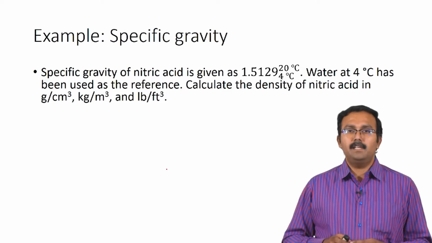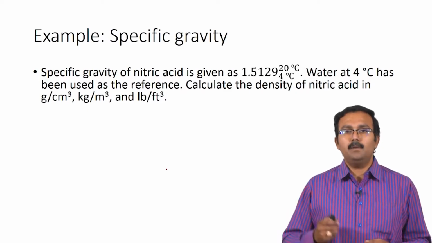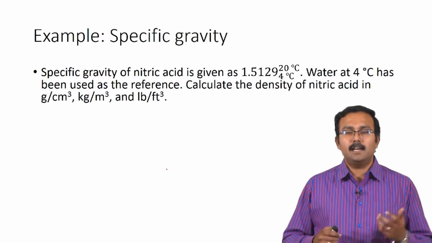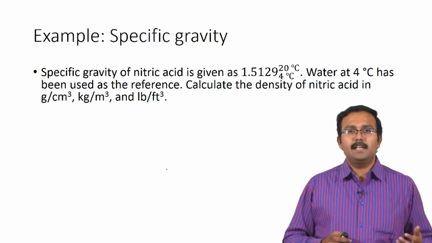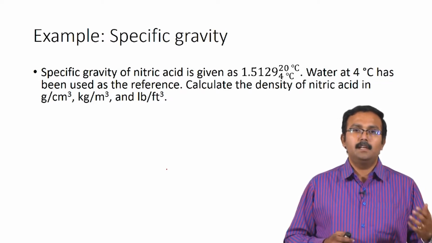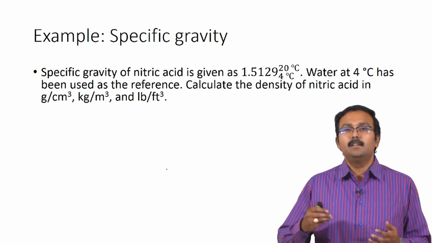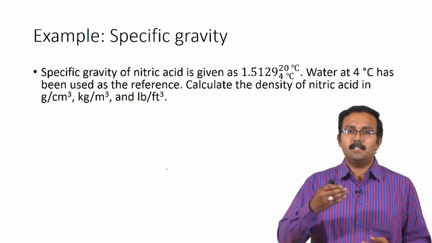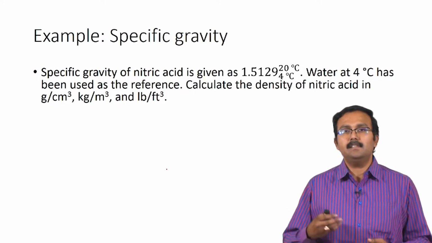So the specific gravity which is given has been written as 1.5129 at 20 degrees Celsius over 4 degrees Celsius. This is a conventional way of writing specific gravity as the ratio of density of the substance at 20 degrees Celsius to the density of the reference material at 4 degrees Celsius. Here the substance is nitric acid and the reference is water.